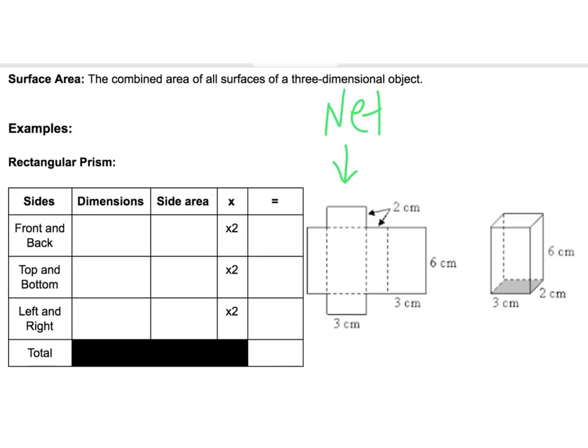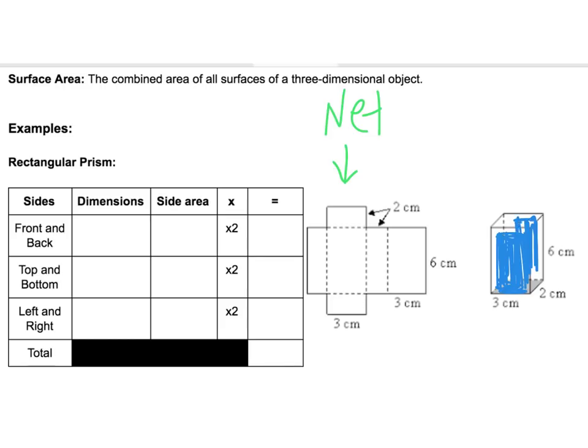Alright, so let's work through this. We're also going to record our information in the data table here on the left side, and that's going to help us to organize our thoughts and organize our math so that we don't lose anything or forget to add things together. So, in our 3D rectangular prism here, we have a front side, which is 3 by 6, and notice that the back side is also 3 by 6.